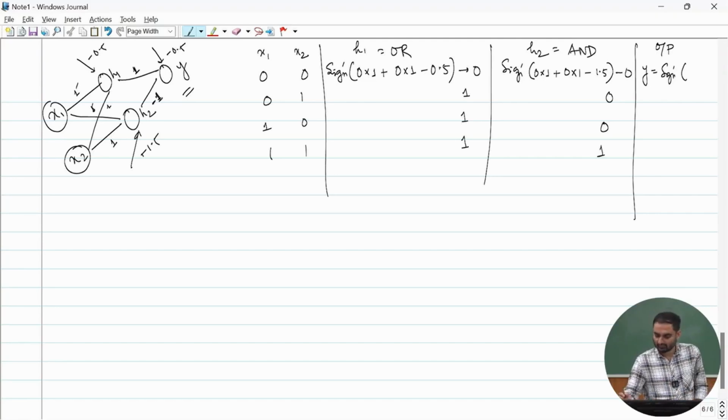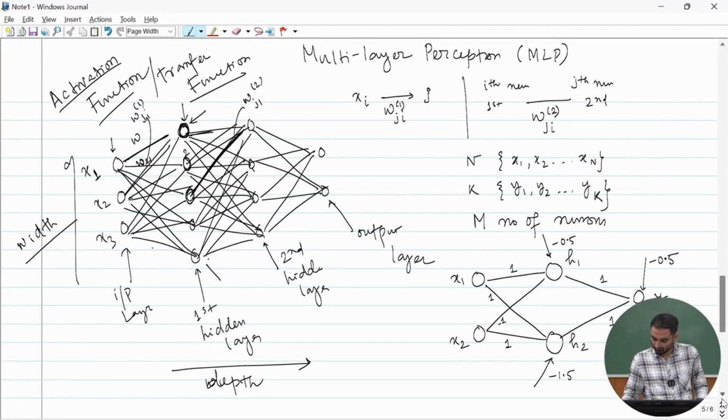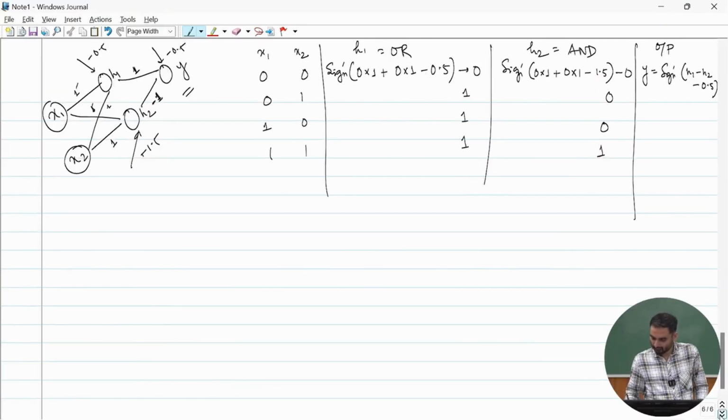So this is essentially h1 minus h2 minus 0.5, right? This is minus 1. Okay, and if you do the calculation, you will see that this will produce 0, this is 1, this is 1, and so this is 0, this is 1, this is 1, this is 0.